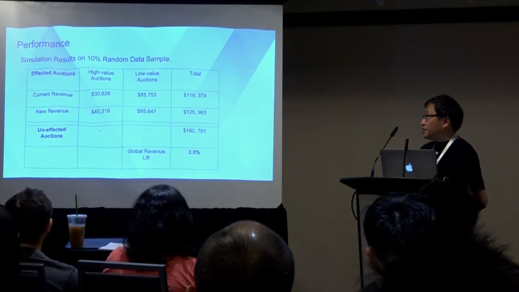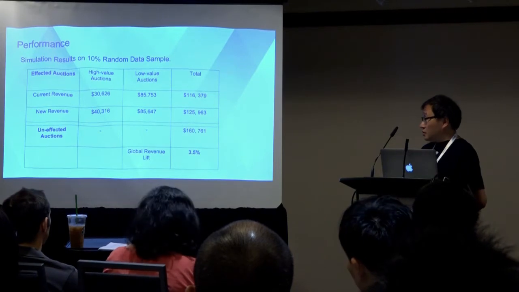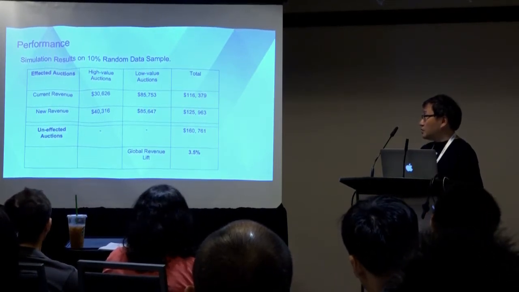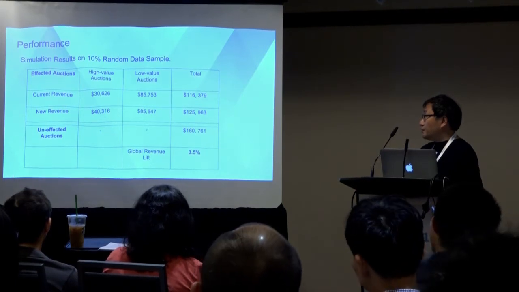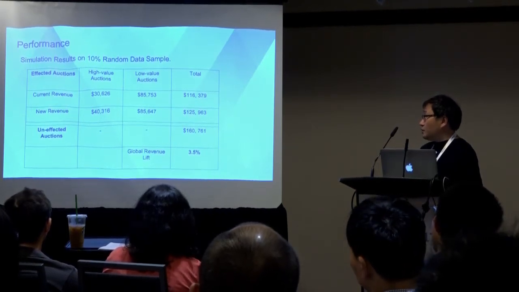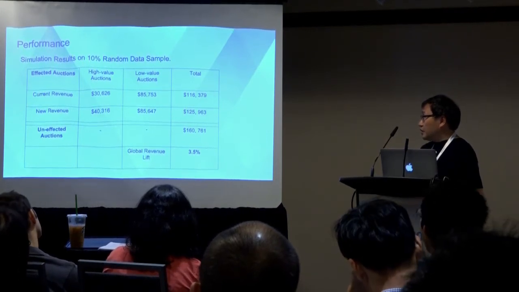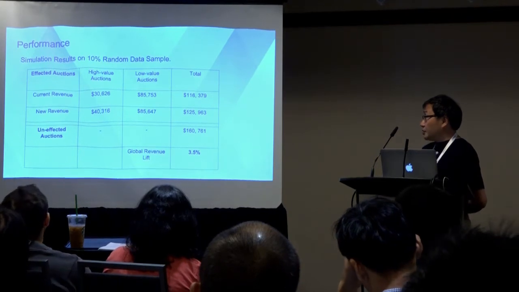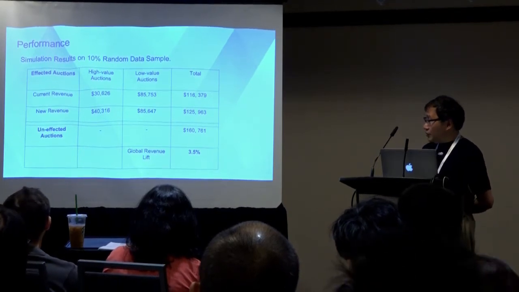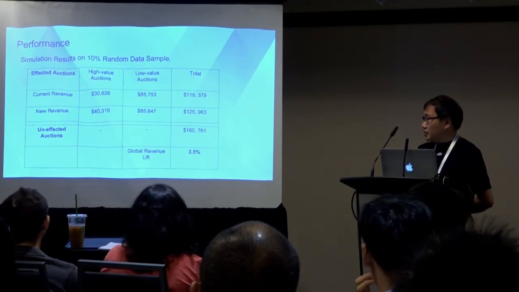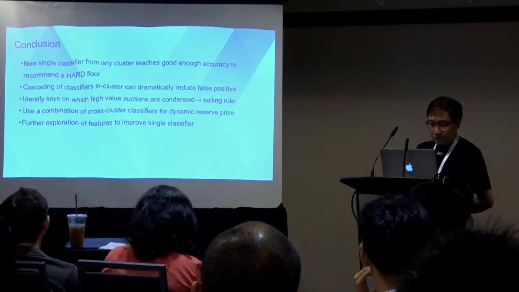After we apply this new algorithm to boost the reserve price for some inventories, we get around 125K in revenues. There is a certain amount of revenue that never changed based on this adjustment. So overall, when we calculate the revenue lift, it's about 3.5%. So it's a significant revenue lift.